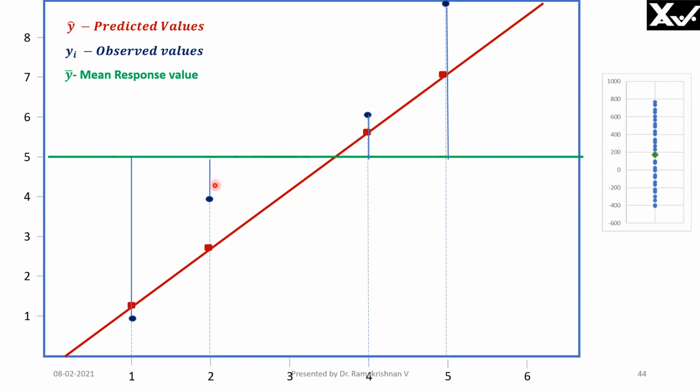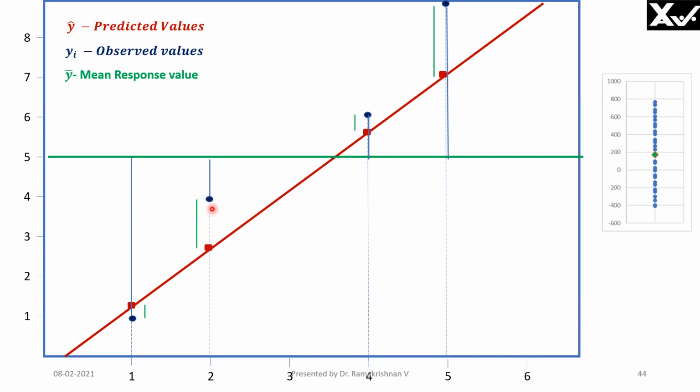We squared the deviations because if you add the deviations for all the variables, the positive values and the negative values will cancel out, giving you a wrong answer. Therefore, in order to get the correct variations, we squared the deviations, that is the dark blue line lengths, for all the variable values and added them, and we called it SST, sum of squares for total variation. Then we found the deviation between the predicted value and the observed value.